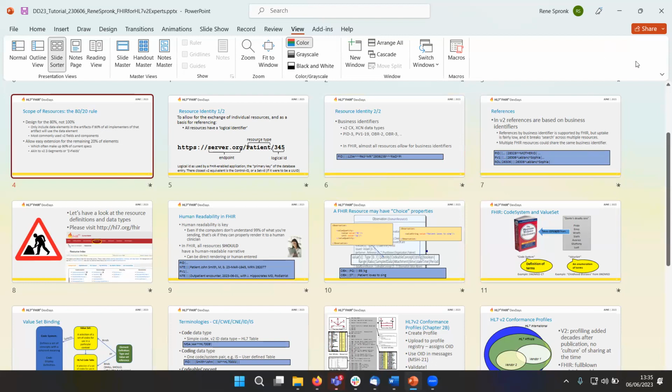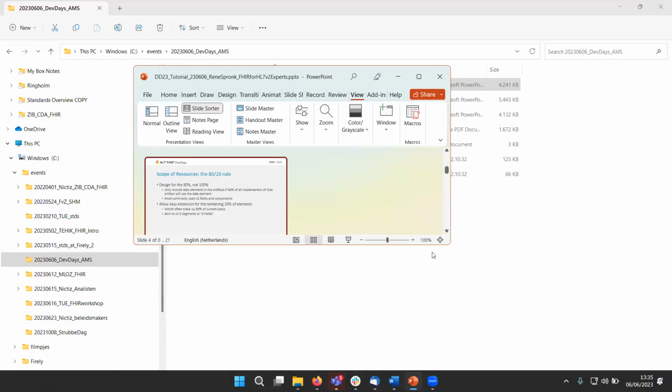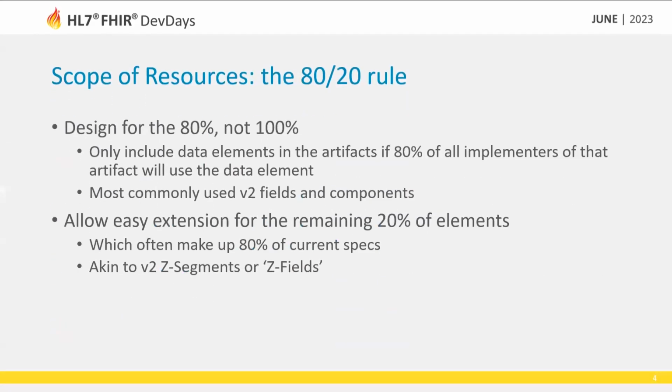Now, one of the major differences is the fact that FHIR has an 80-20 rule. That is to say, a phenomenon that we're well familiar with in HL7 version 2: if you have a segment and it has 50 fields, pipe. But in real life, it's mostly only the first 10 or 20 fields that have any values.